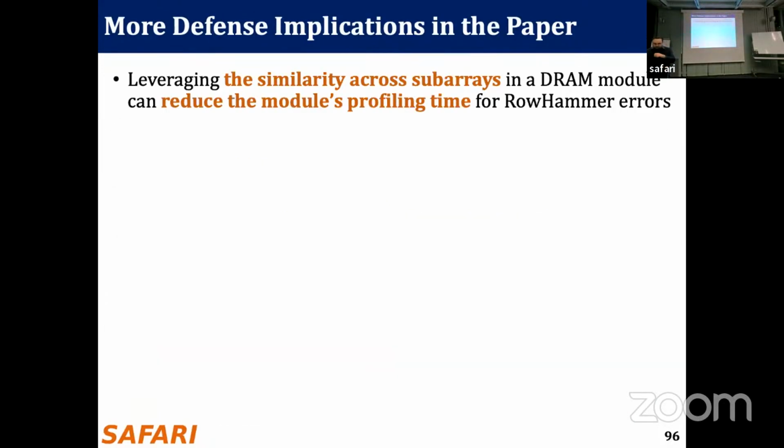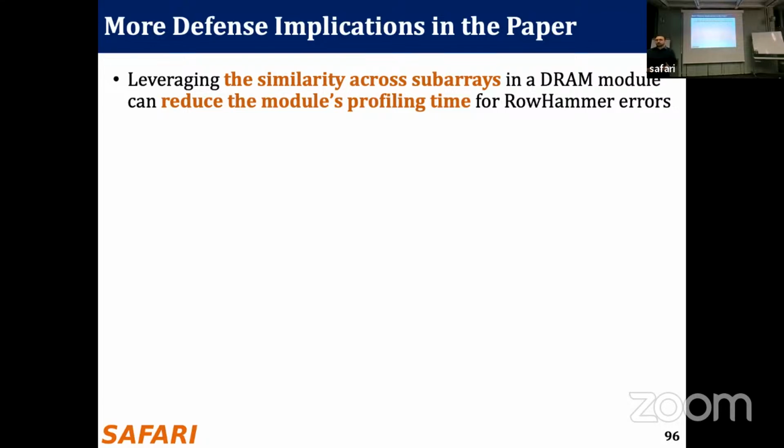Okay, so in the full paper of the deeper look, we actually suggest some more defense improvements. We can, for example, leverage the similarity across subarrays in the DRAM module to reduce the testing time or profiling time of a DRAM chip. If you sample a few different subarrays, there are hundreds of them in every bank, we know that the distribution of thresholds across subarrays is similar to each other.